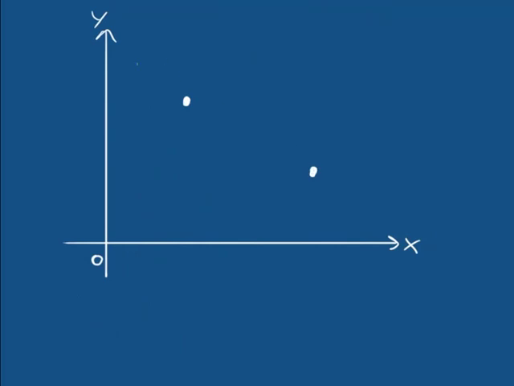This point is going to just be A, and it's going to be, let's say 2 in X and 7 in Y. And this is going to be my point B, which is going to be 8 in X and 3 in Y.